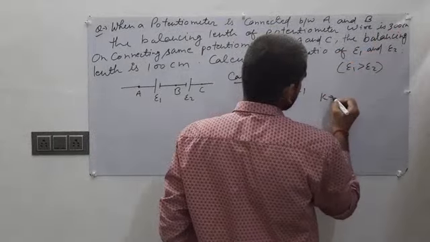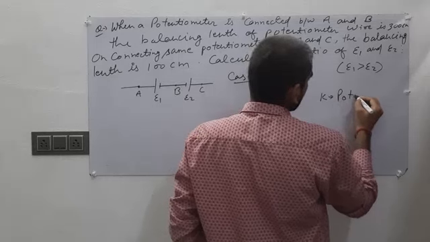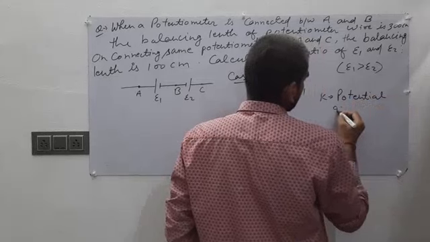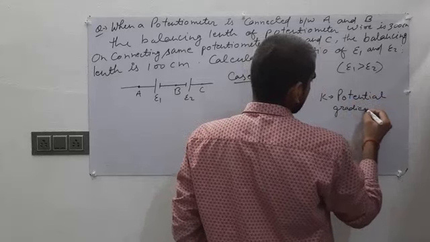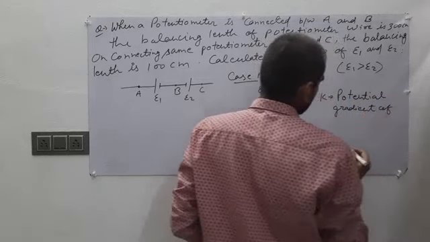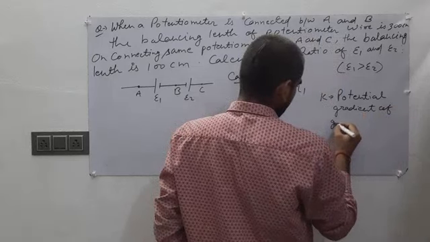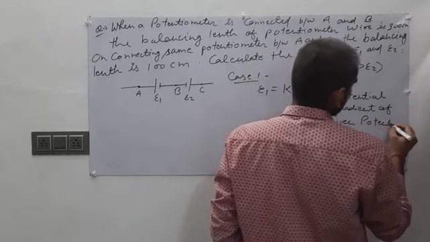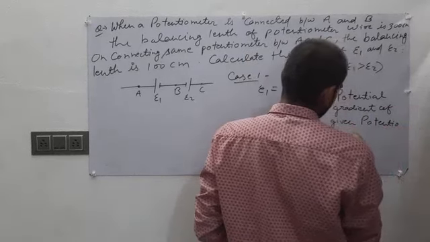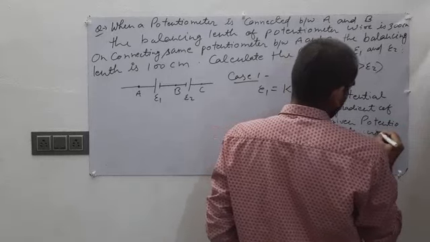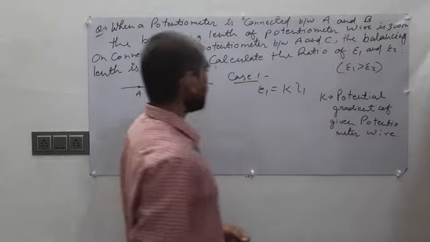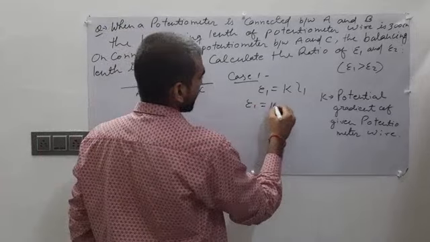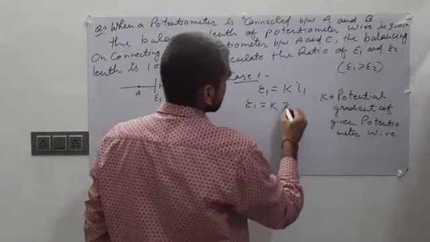K is a constant, the potential gradient of the given potentiometer wire. So in this case E1 equals K L1, which is 300 centimeter.